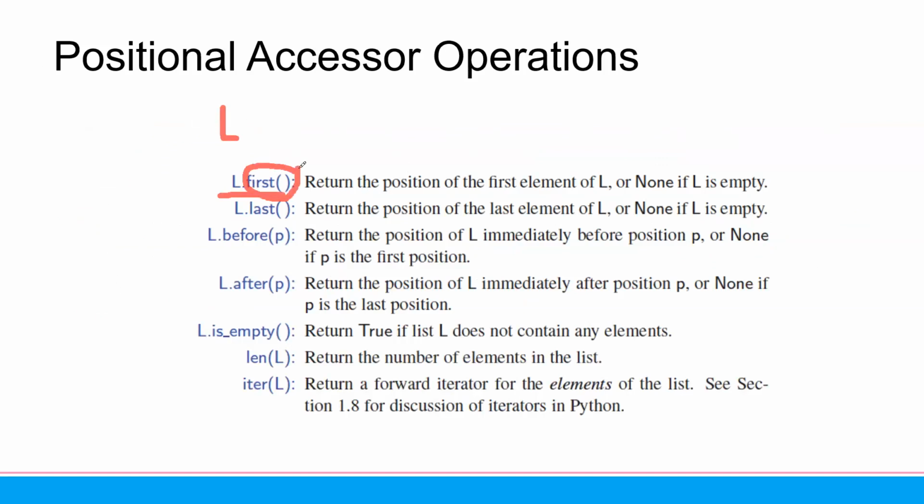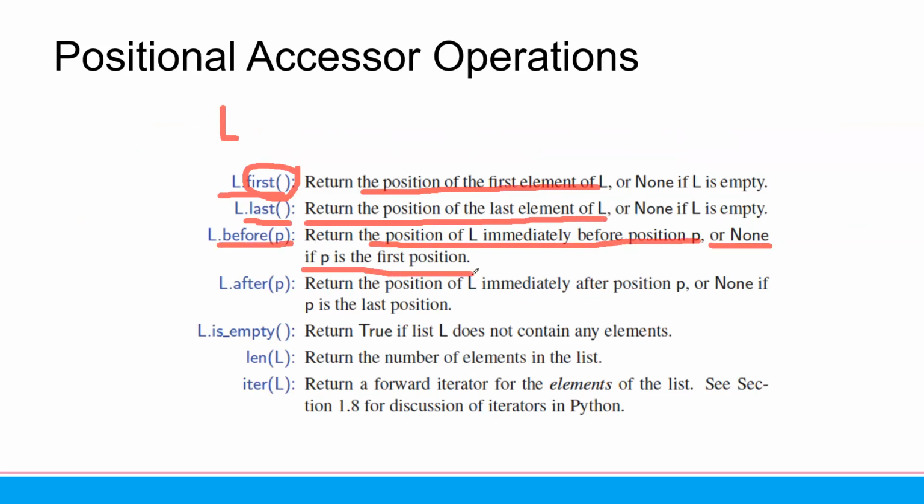L dot first, then I want to know the position of the first element of L. L dot last means I want to know the position of the last element of L. L dot before P means I want to know the position of the element of L immediately before position P, or none if P is the first position.